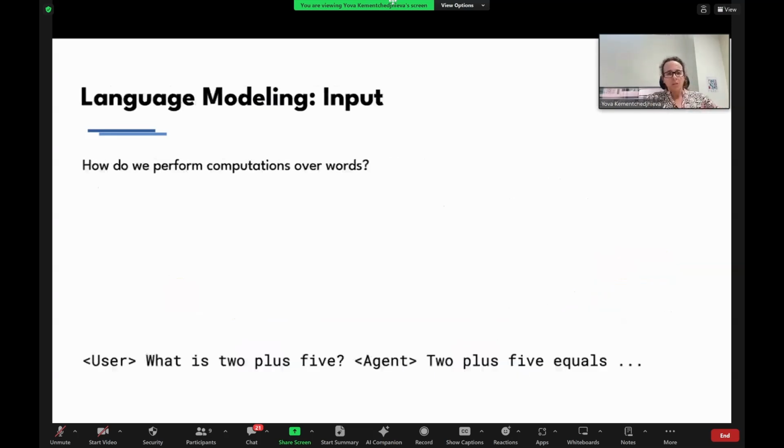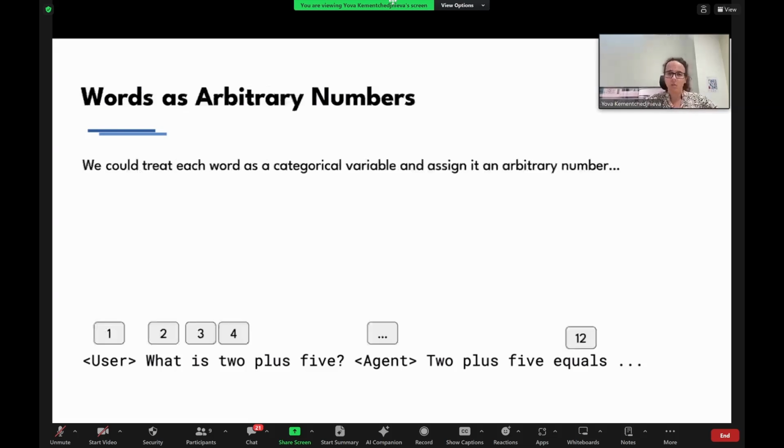So having established that, let's see what that looks like for language modeling. The problem with language, the difficulty, is that words are discrete units. Again, similarly to how male-female is a categorical variable with no natural numeric representation, words are categorical variables that we have to find a way to translate into numbers before we can feed them into any kind of machine learning model.